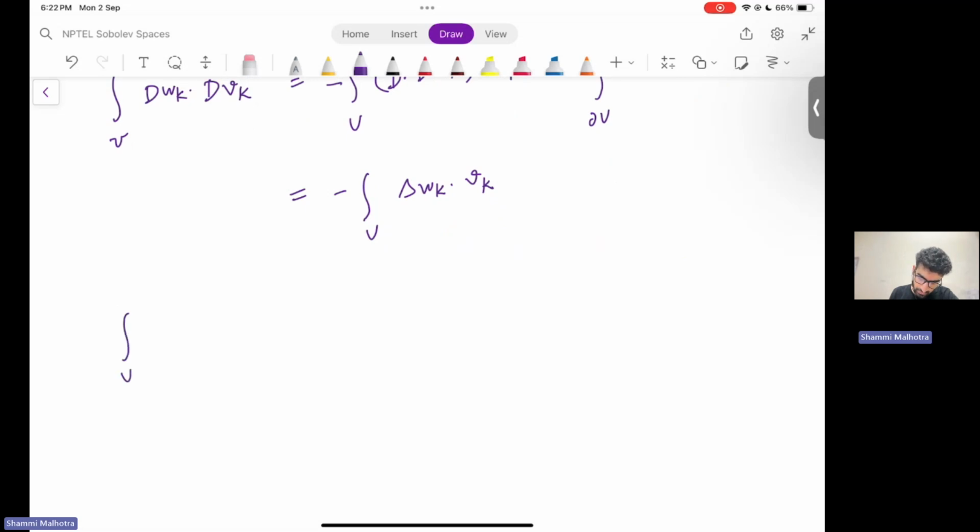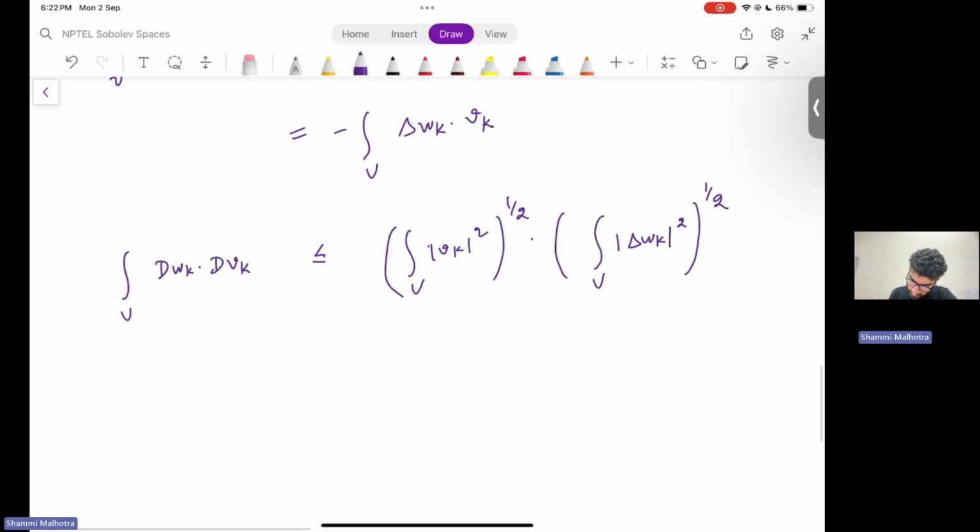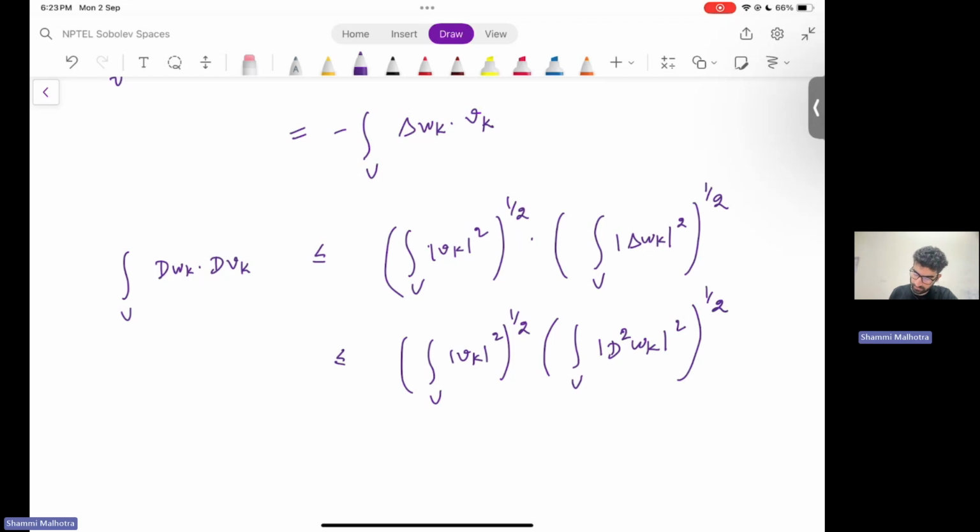The integral of Dw_k dot Dv_k is less than or equal to the L2 norm of v_k times the L2 norm of Laplacian of w_k. But that is less than D2, so we can replace this by the integral of v_k squared to the power half, times the integral of D2 w_k squared to the power half.